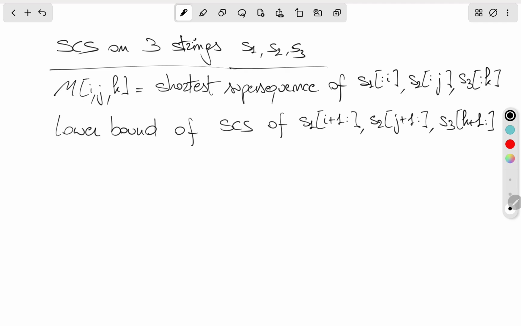For example, the minimum length of the suffixes. The minimum value from the length of the suffix of S1, the suffix of S2. One proposal is the minimum of length of S1 minus I, length of S2 minus J.